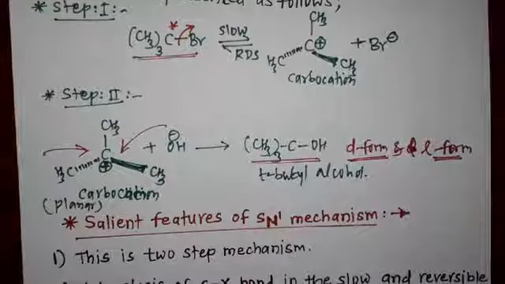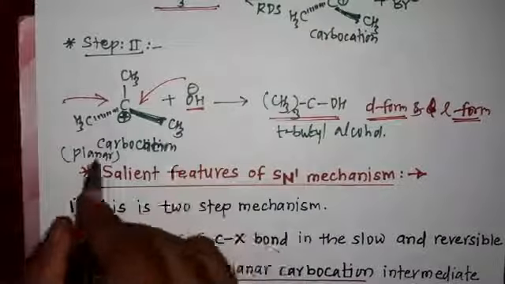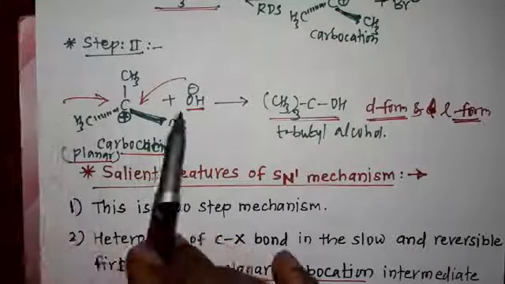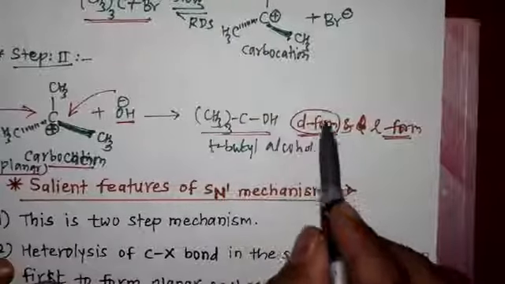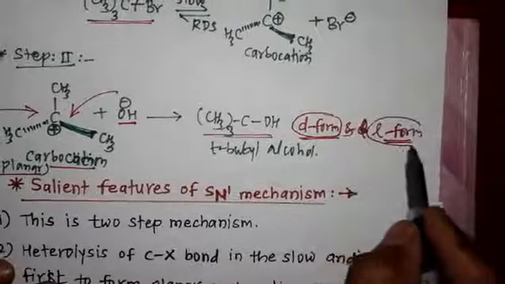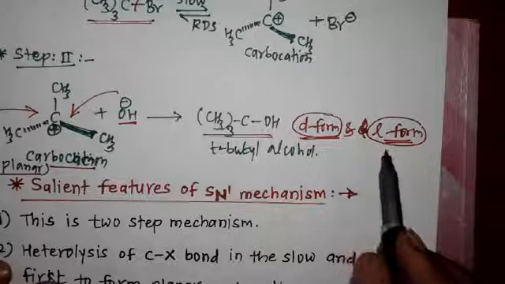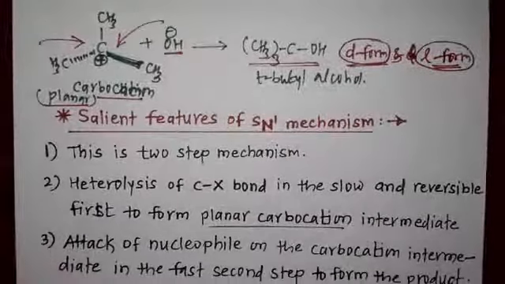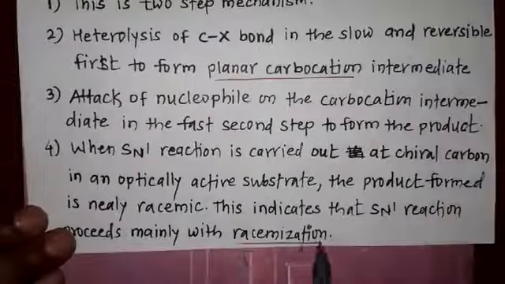This is because the nucleophile attacks from both sides on this planar carbocation. When it attacks from one side, the first isomer formed is the D isomer, and from the other side attack it is the L isomer. Both isomers form as a mixture, and this mixture is called a racemic mixture, and the process is called racemization.